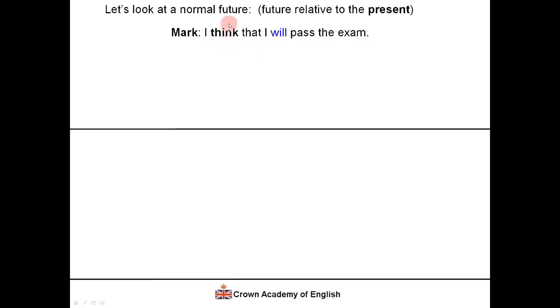So we have an action in the present, I think, and the future is future relative to the present, that I will pass the exam. So the exam is in the future. It's not today, it may be next week, for example. So the future will is relative to the present. We always use will. I'm sure you know this already.